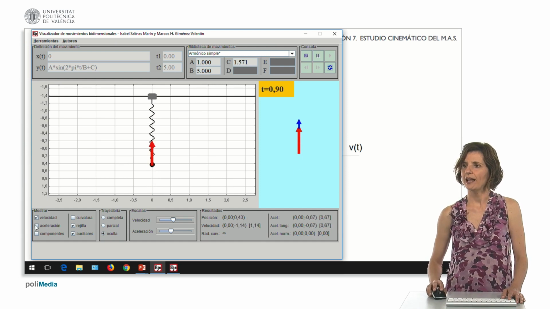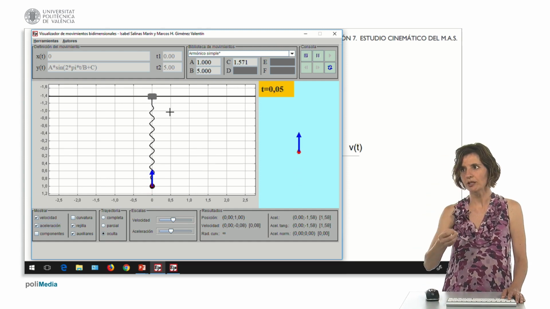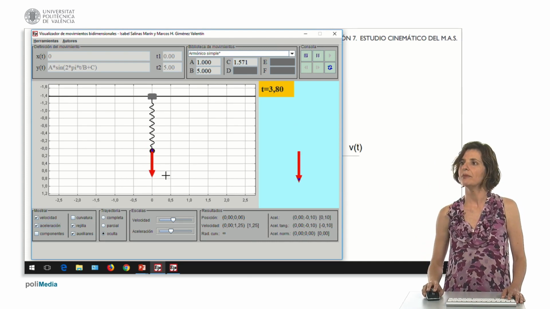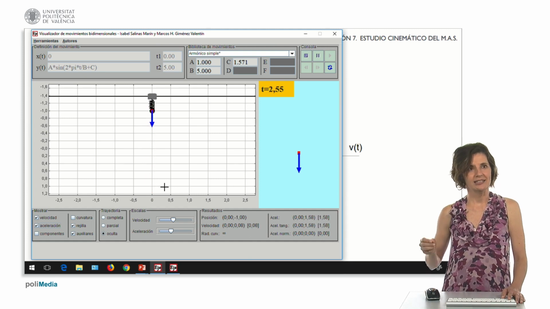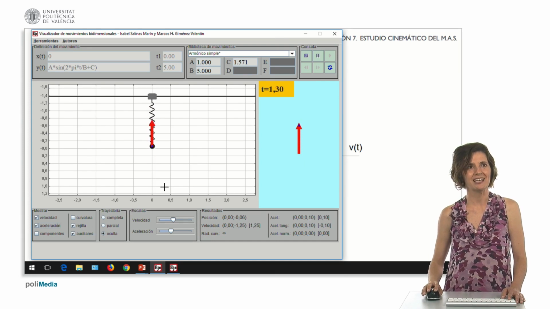However, the acceleration, which I'm going to paint in blue now, is maximum. We see that when it is fully contracted, the acceleration is downward, in the direction of the motion of the positive x's, so the acceleration is positive, while when the spring is fully elongated, we see that the blue vector is upward, in the opposite direction, so the acceleration is negative.